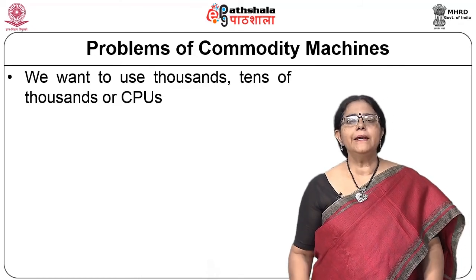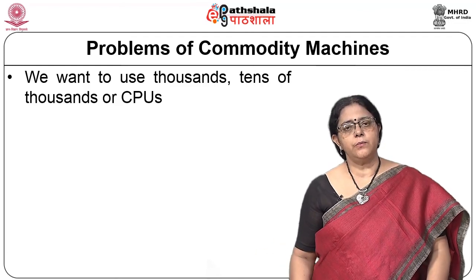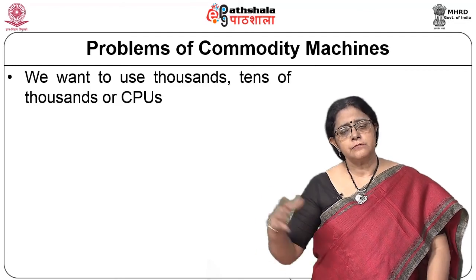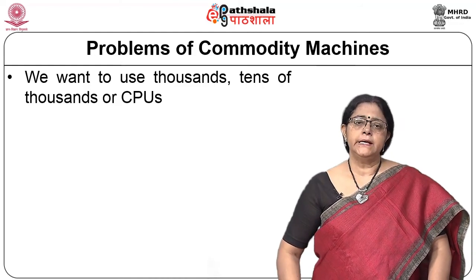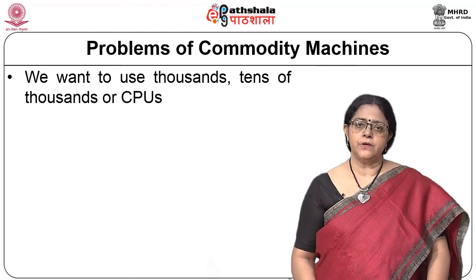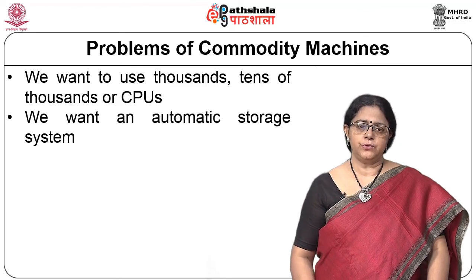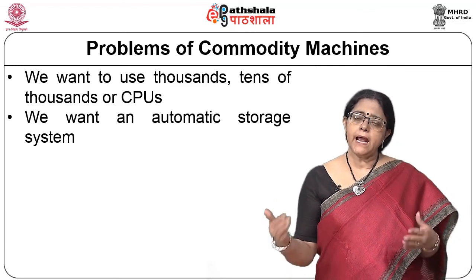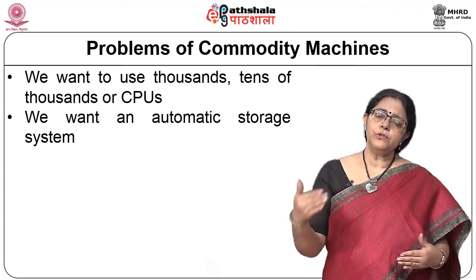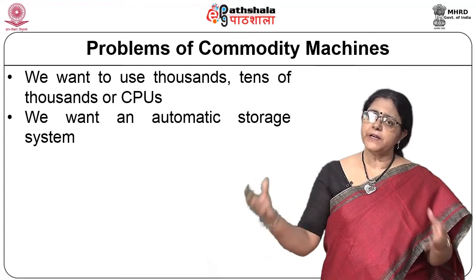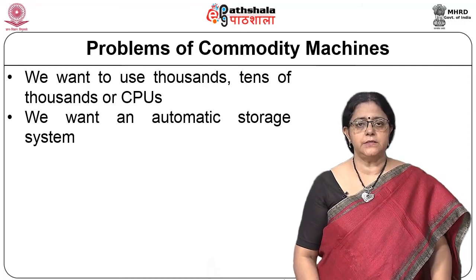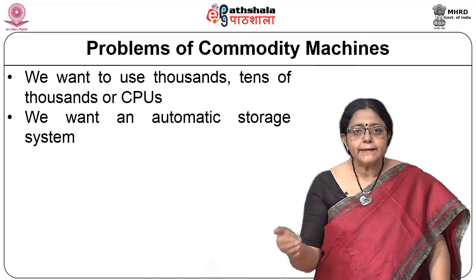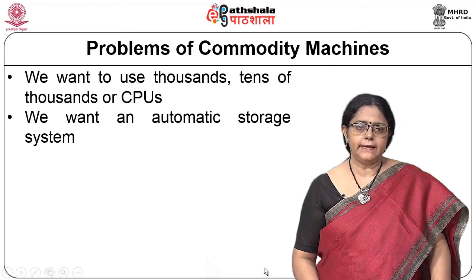So, how many of these machines will be sufficient to churn this terabyte or petabyte of data? We actually need thousands, tens of thousands of such machines to be able to do that. We also need a corresponding storage attached to these processors to be able to make the data available as and when they need it.